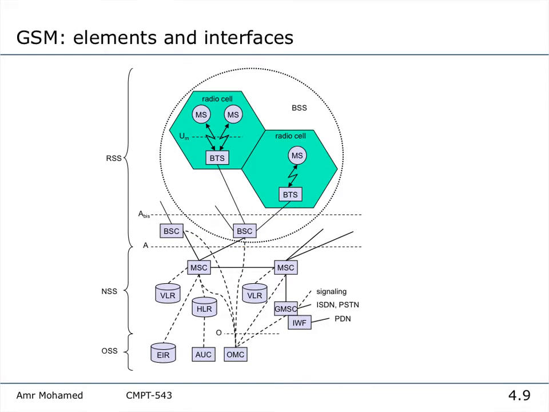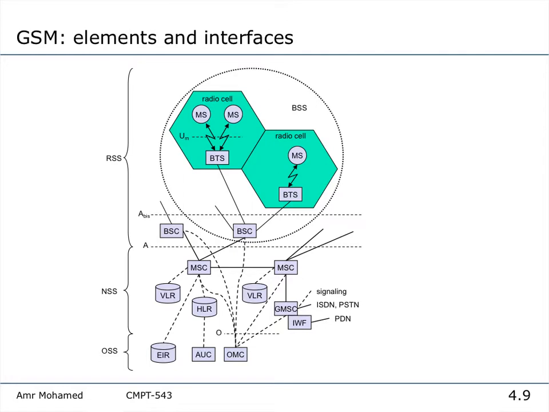So in that case, the base station controller will handle the handover between the different cells while I'm driving. If I drive from one city to another, okay, then I go outside of the domain of one BSC, in which case I have to have the MSC being engaged to manage the handover for a mobile station from one location area to another, because I'm moving across cities, right?